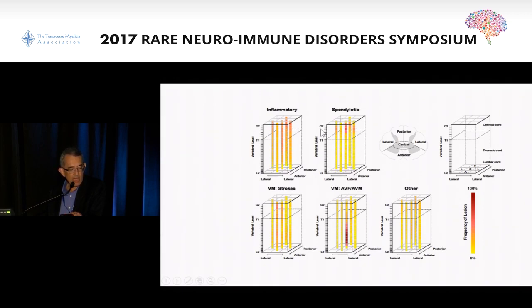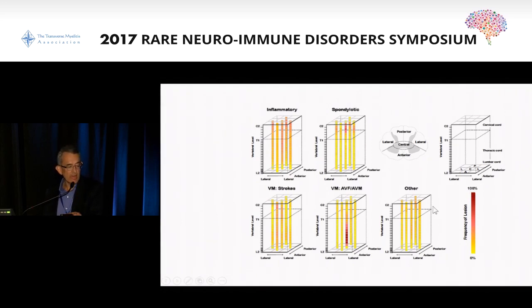Each of these levels are the levels of the spinal cord: the cervical region, the thoracic region, the lumbar region. What we can summarize here is that red is where there is more prevalence of lesions, and low yellow is the lower presence of lesions.